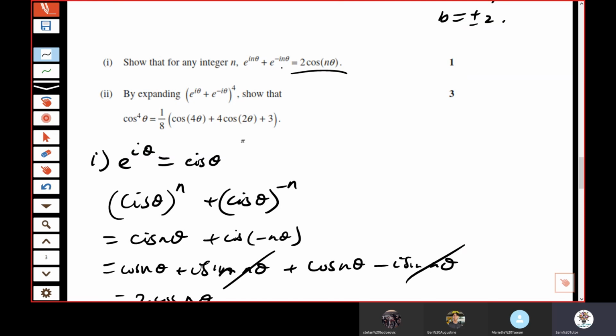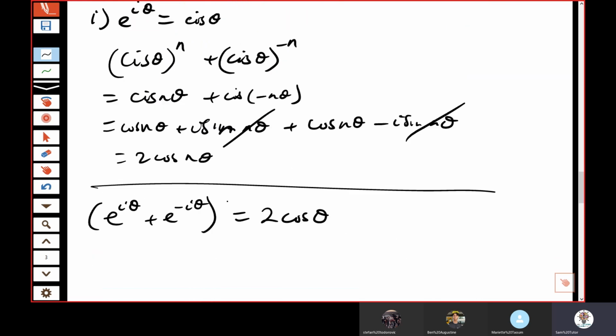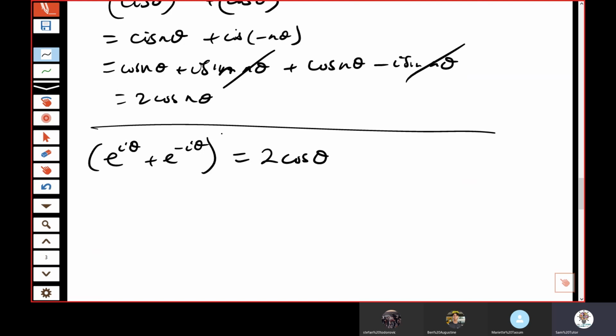All right, and then it says power of 4. There it is. You'll see how to use this n in a second. This becomes 2 to the power of 4, which is 16, cos^4 θ.